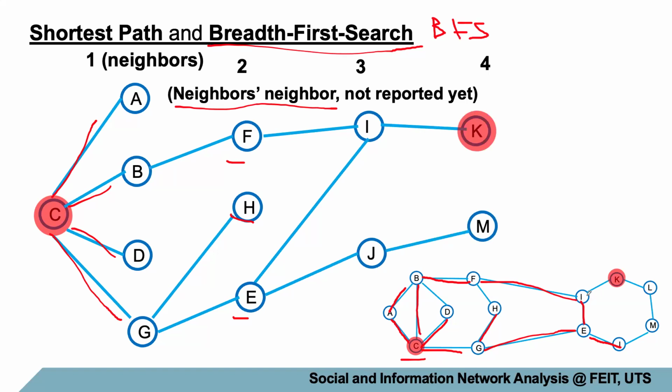With distance 4, we can go to K, M, and distance 5, we can go to L. So the shortest path from C to K is 4, and we can go from C, B, F, I, K. So that is a simple way to compute the shortest path.